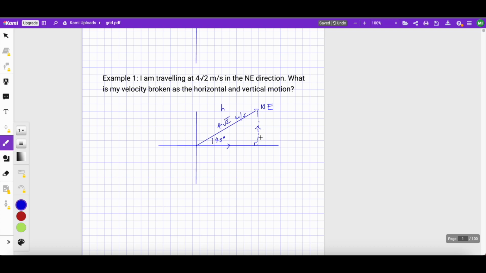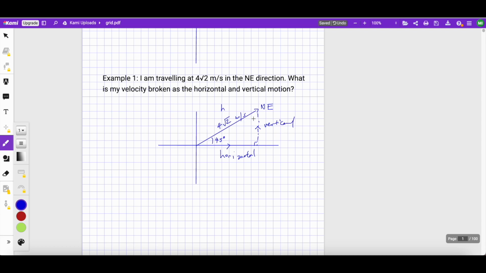So this sets up the horizontal and vertical components of this velocity. The one going to the east will be my horizontal, and the vertical will be going up.